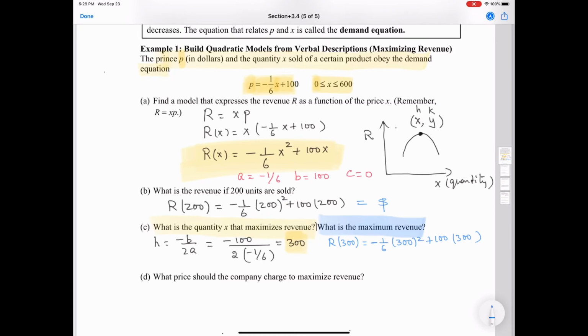Putting that in your calculator, I'm getting the revenue is 150,000. Oh, 15,000, I'm sorry. This should be negative 1 over 6 here.